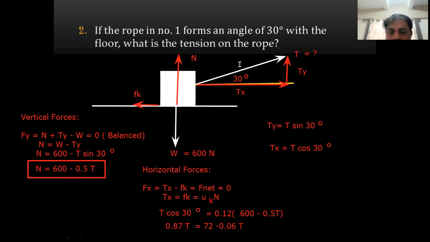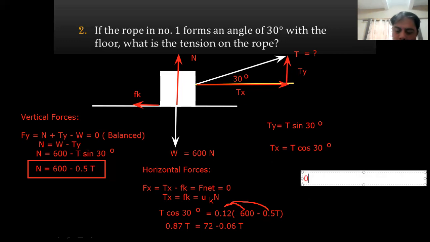We distribute 0.12 to the value inside the parentheses and get 72 minus 0.060T. Using our knowledge in algebra, we combine the same letters: 0.87T plus 0.060T equals 72.